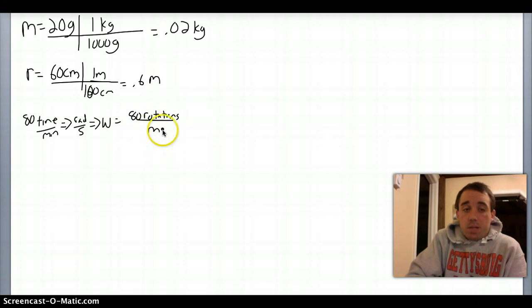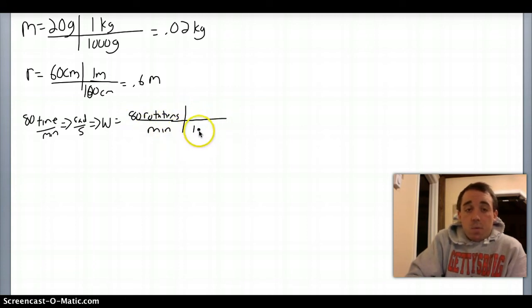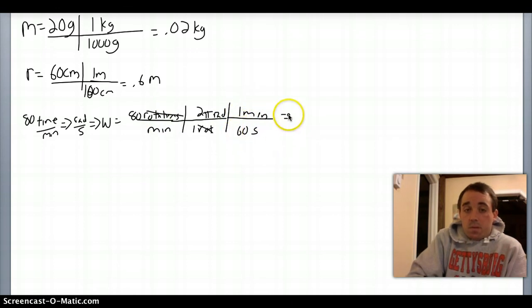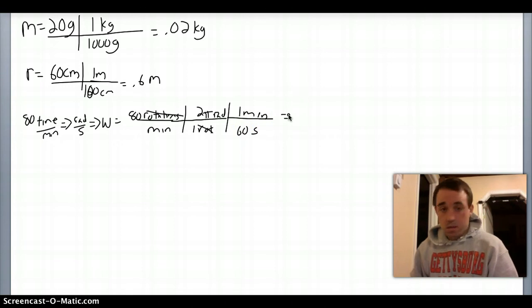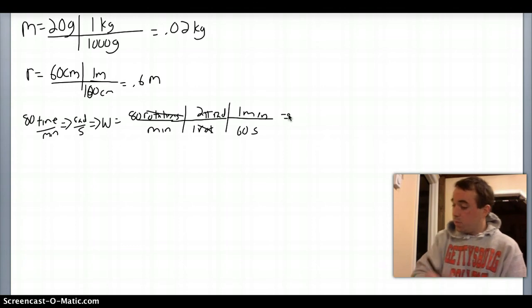Rotations per minute. I've got to get rid of the rotations to make it 1 rotation per 2 pi radians. Rotations cancel. And 1 minute is 60 seconds, which tells me 80 times 2 pi divided by 60, which is 8.38.